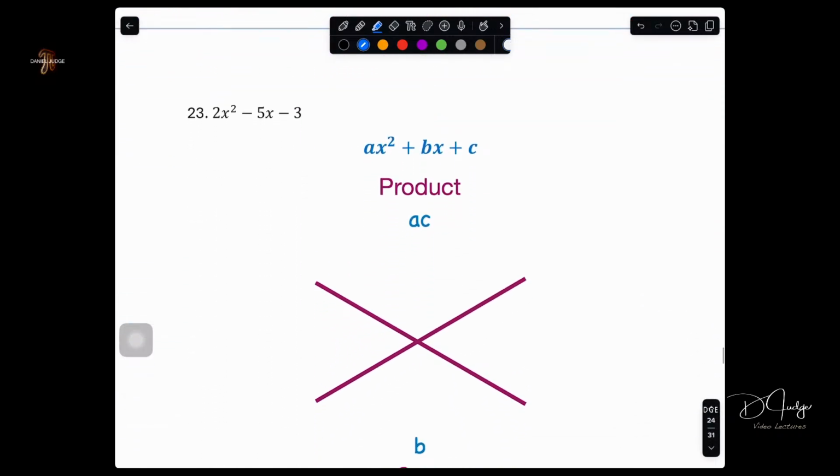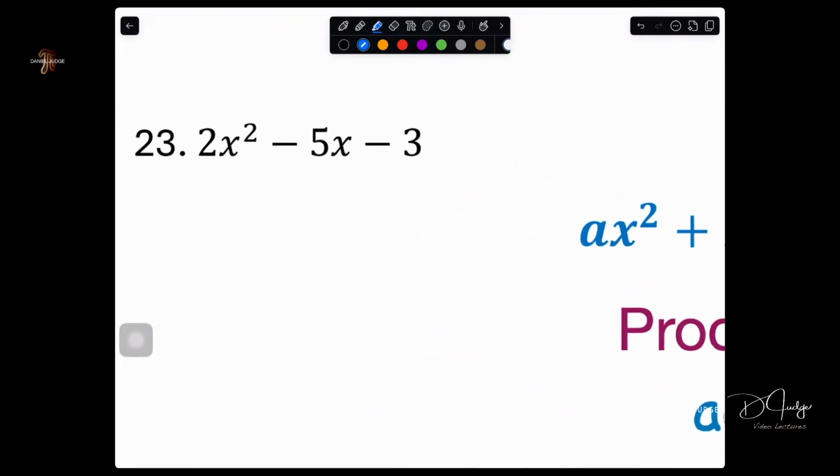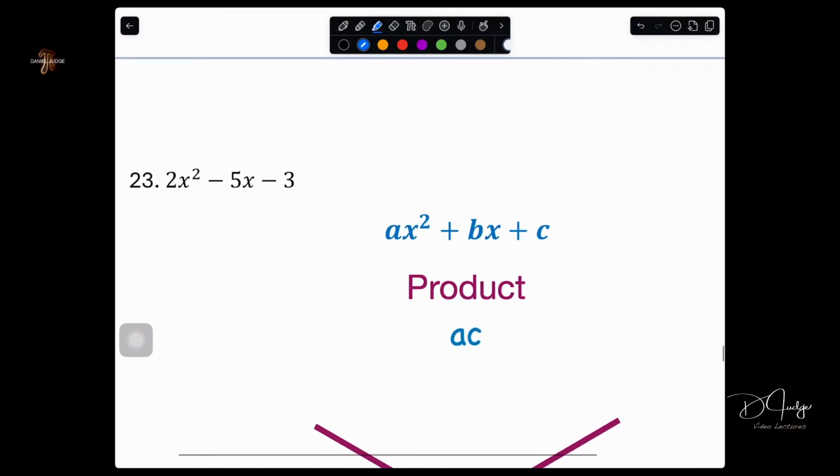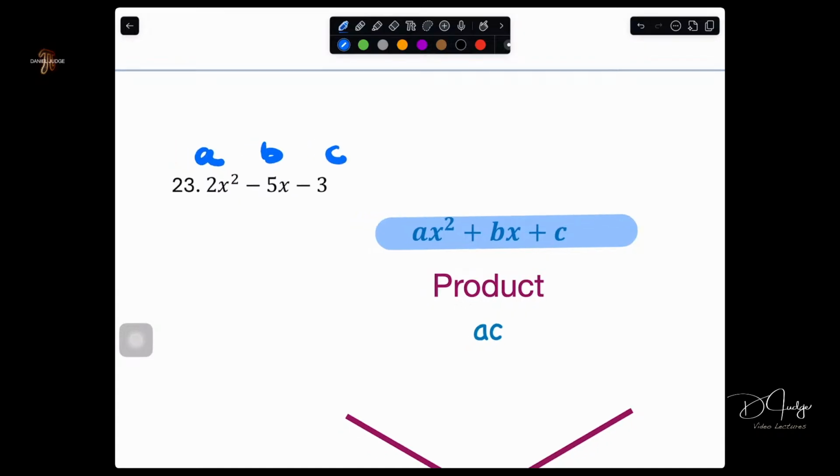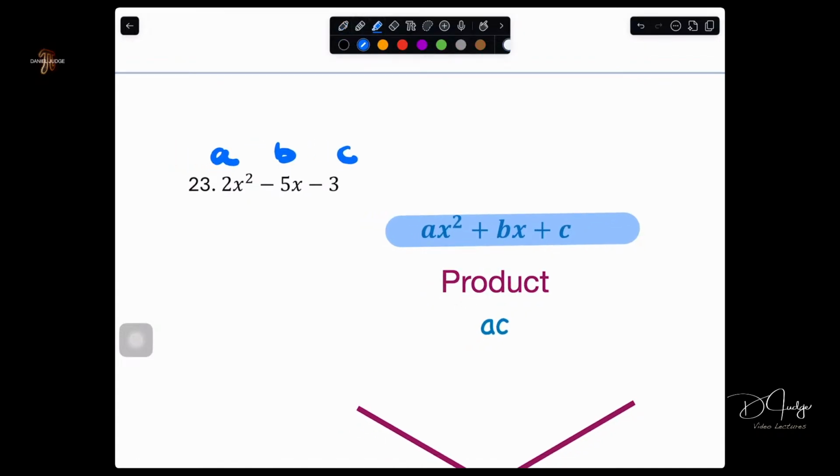Now, that brings us to a question that's different. You're still looking at a trinomial here, ax squared plus bx plus c. But if we identify the values now, A, B, C, we're going to notice a few things. A is the value 2. C is negative 3.